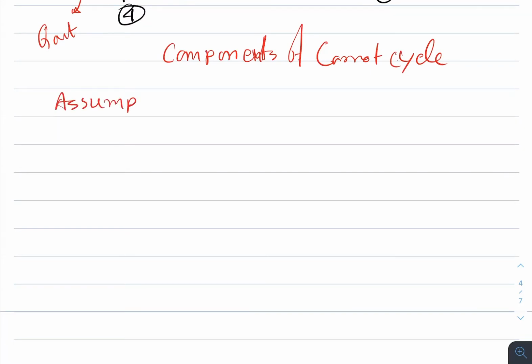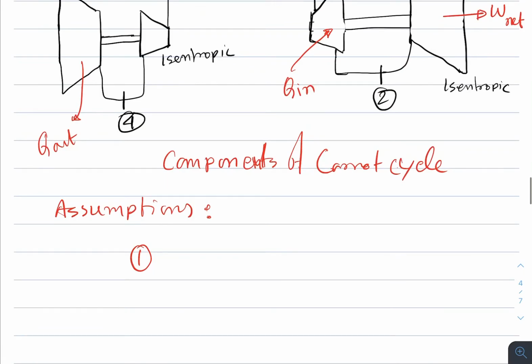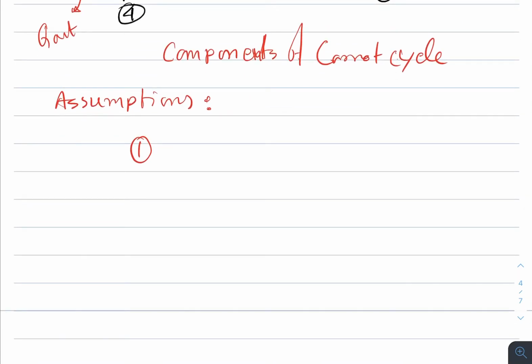There are also some assumptions for the Carnot cycle, right? Number one is isothermal heat addition: the heat addition to the turbine has to be isothermal. Or rather than assumptions, you can call these the components of the Carnot cycle.